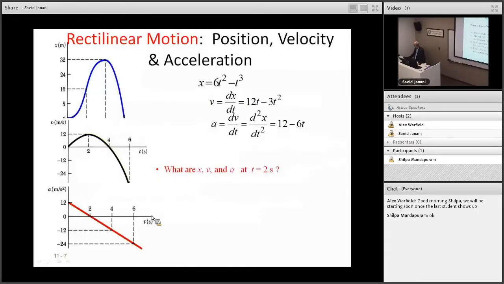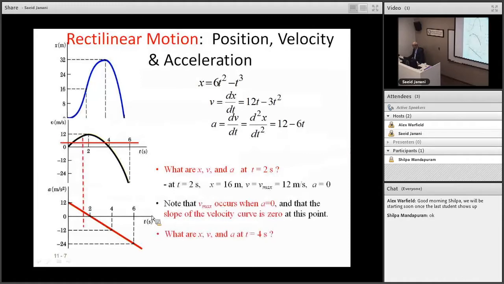Okay, so number B. x equals ct squared minus t cubed. Take the derivative, get the velocity, and we take the derivative again, get the acceleration. If you look at these three plots, first one is x versus t, second one is velocity versus t, and third one is acceleration versus t.